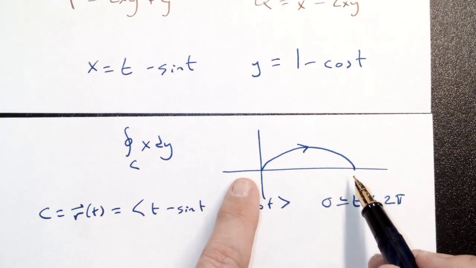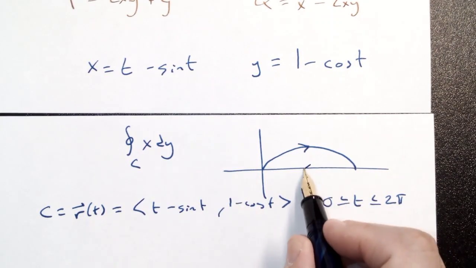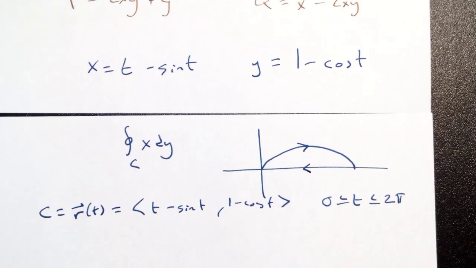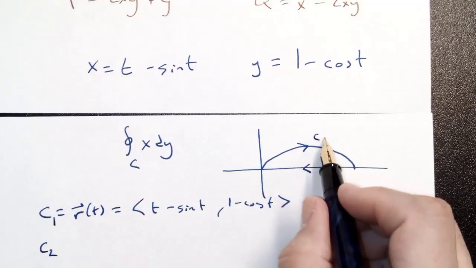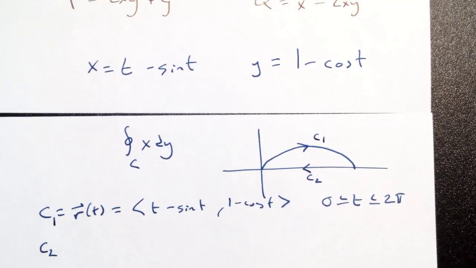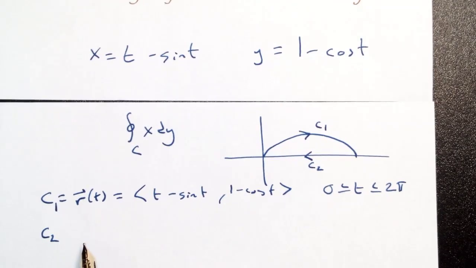There's another piece of this curve here. This is really curve 1. I need curve 2 to close this sucker up. But curve 2 is a straight line. I'm sorry. Not all the way.